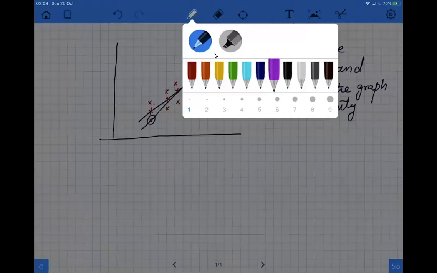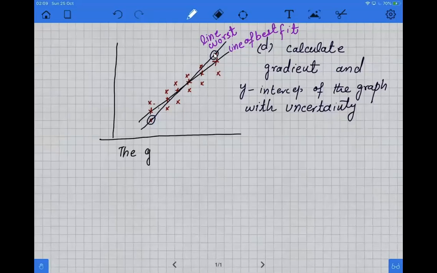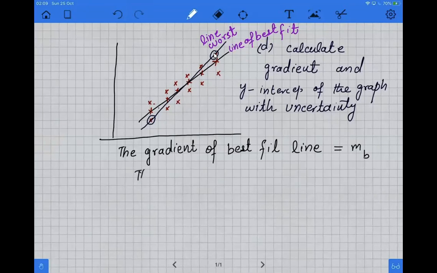Now the gradient of the best fit line is MB.